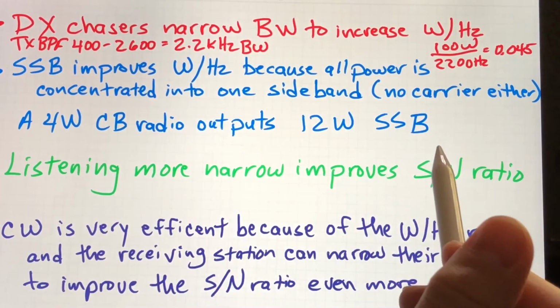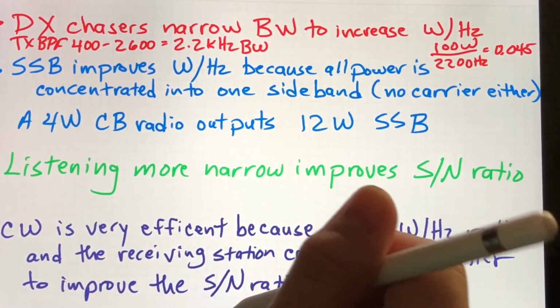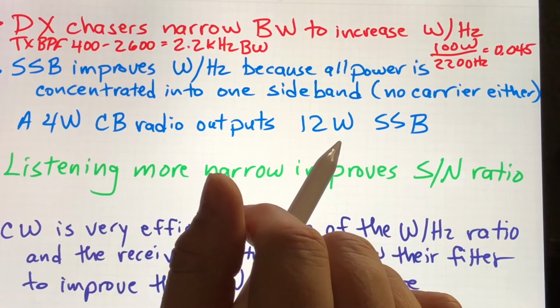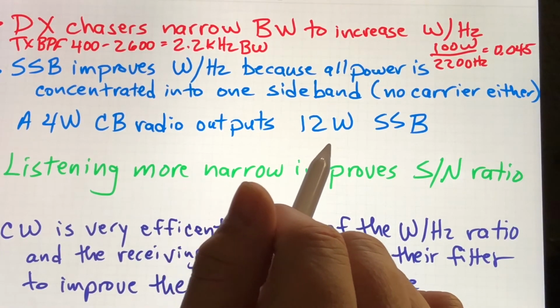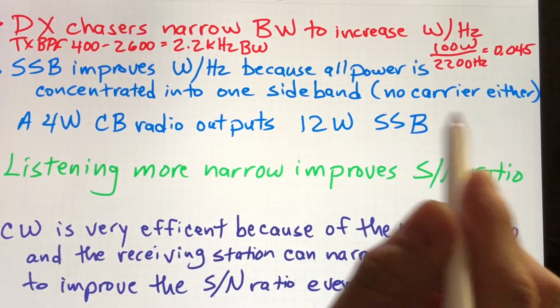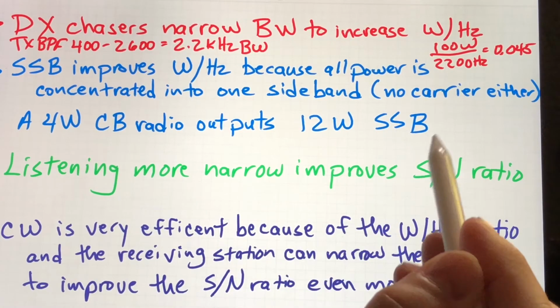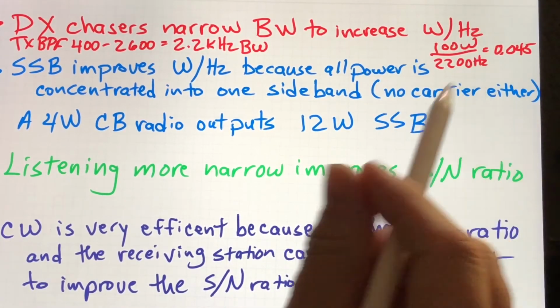So you're finding a compromise, and for me that compromise is somewhere in that 2.6 to 2.8 kilohertz range. Really 2.6 is probably going to be the best happy medium there. But 2.4 is not bad either.